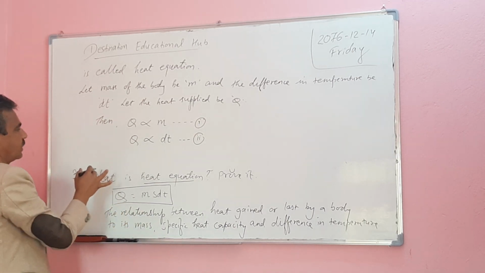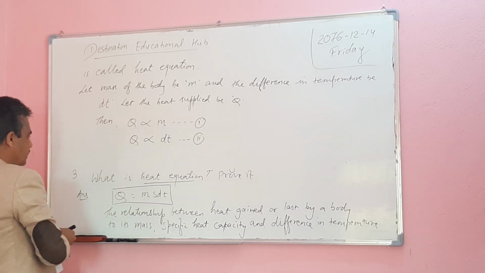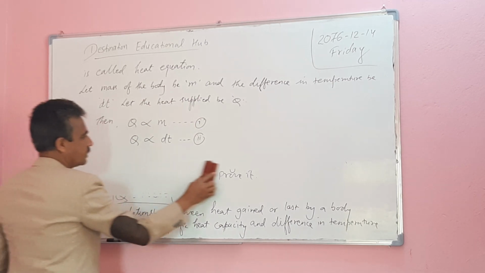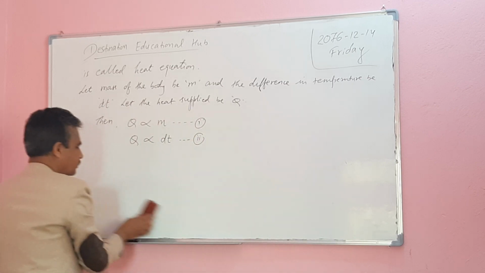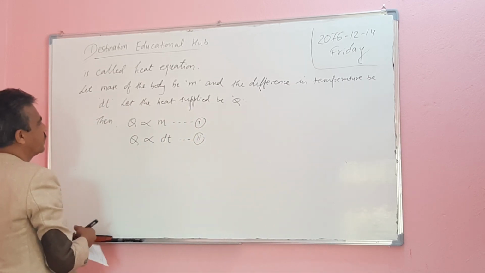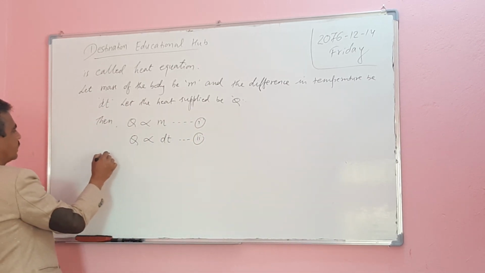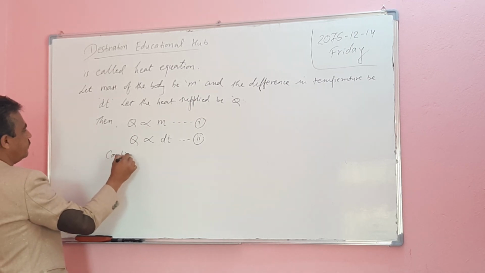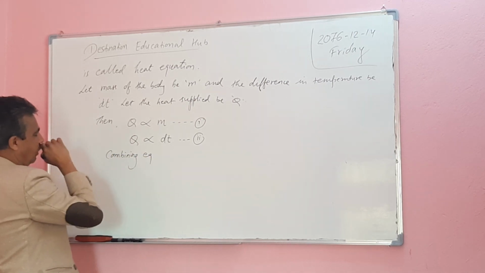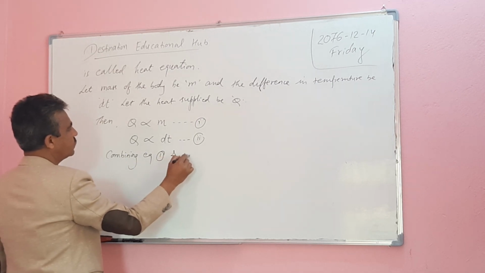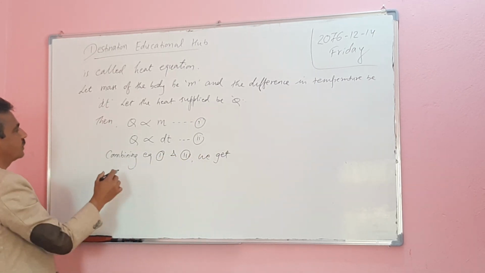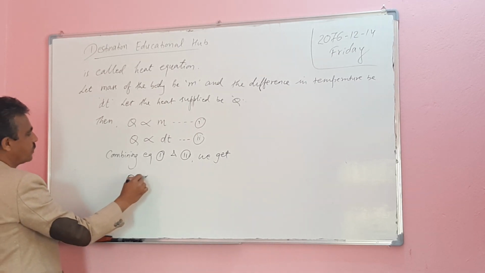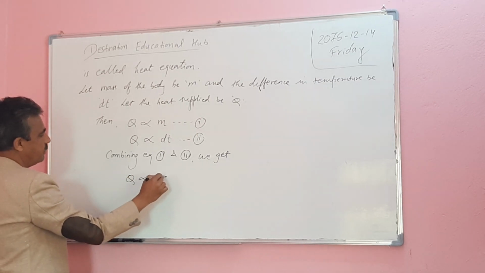Okay, let me rub out this portion. I'm going to show the relation Q equals m s dt. Now combining equation 1 and 2, we get Q proportional to m multiplied by dt.